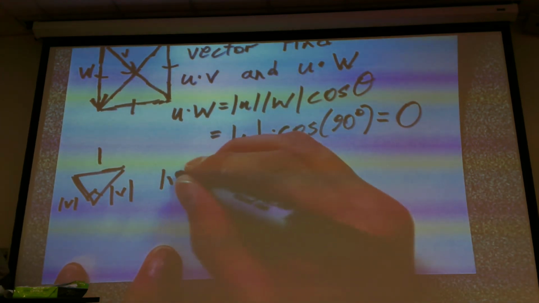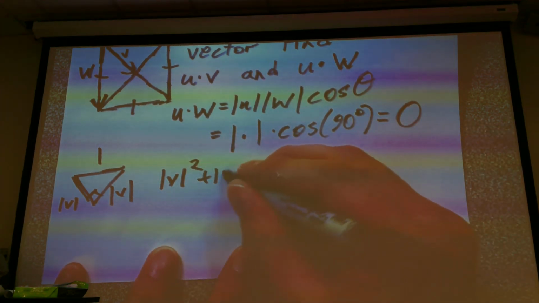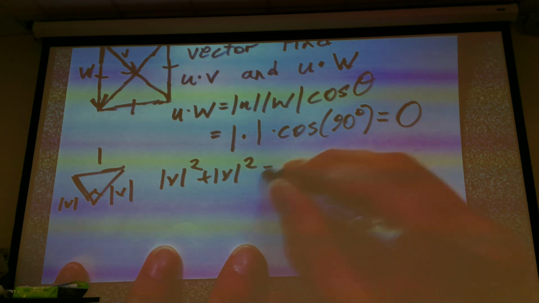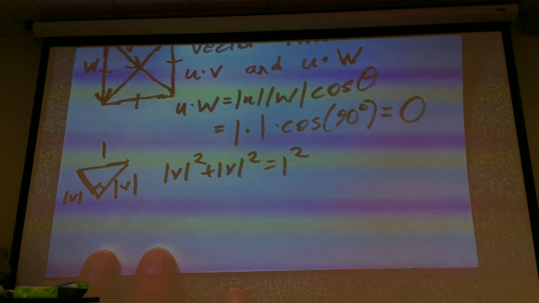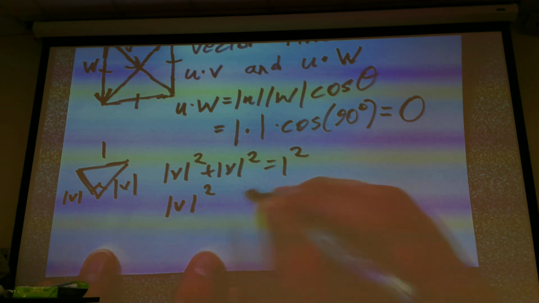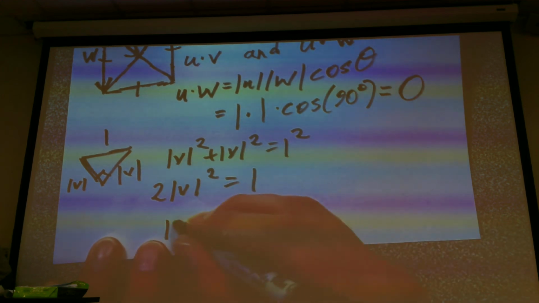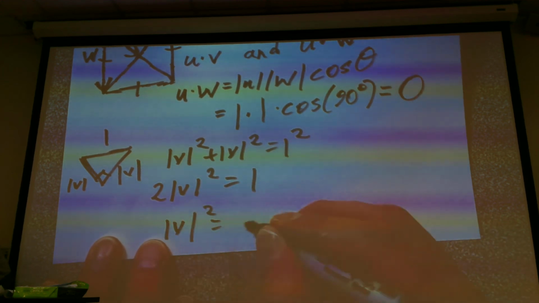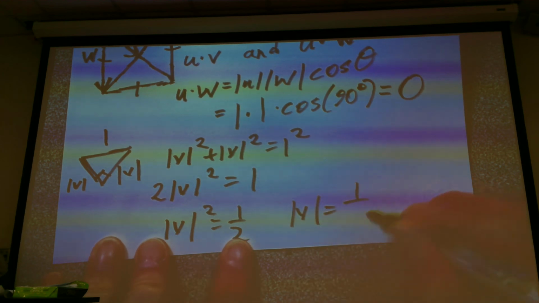So the magnitude of V squared plus the magnitude of V squared is going to equal 1 squared. If I add these two together, that's 2 times the magnitude of V squared, which equals 1. So the magnitude of V squared equals 1/2. So the magnitude of V is going to be 1 divided by the square root of 2.